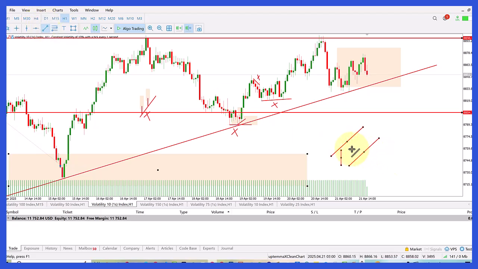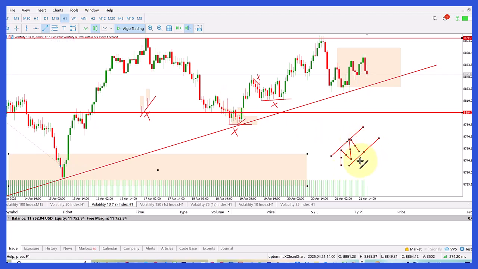It creates that first high, then it creates a higher low, then it creates another high that's higher than the previous high. Then it creates a higher low. The higher low does not go below the previous low. That's why it's called higher low.